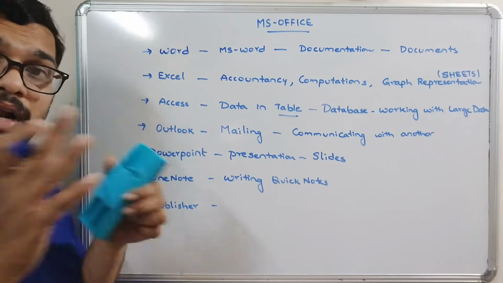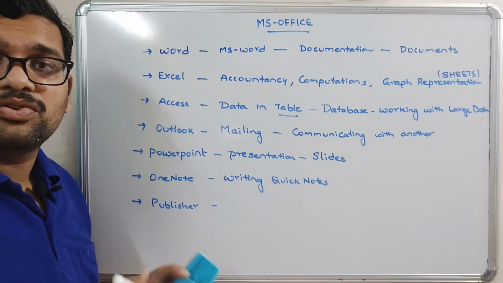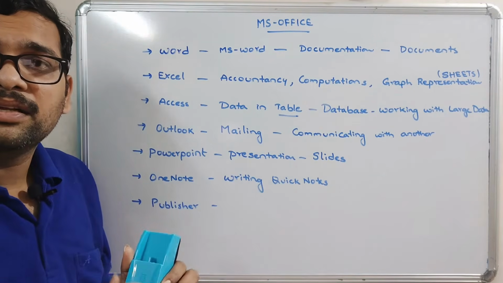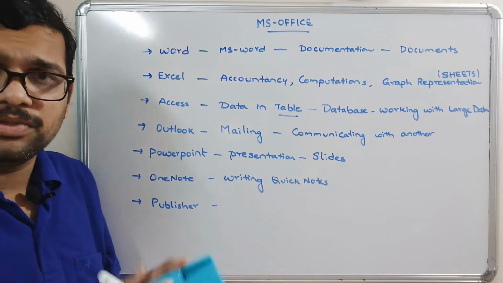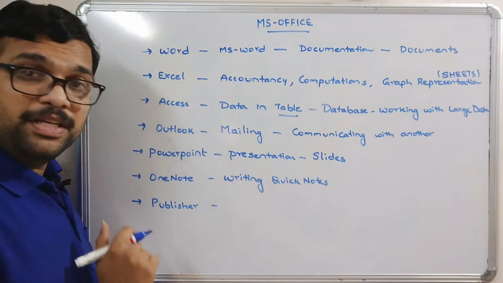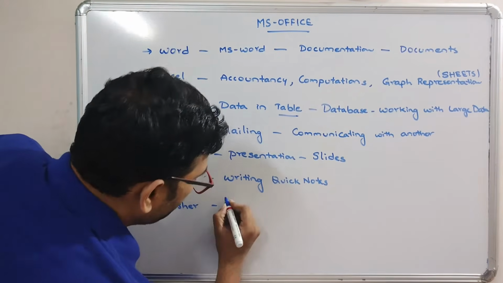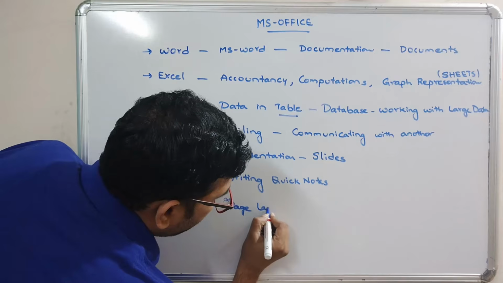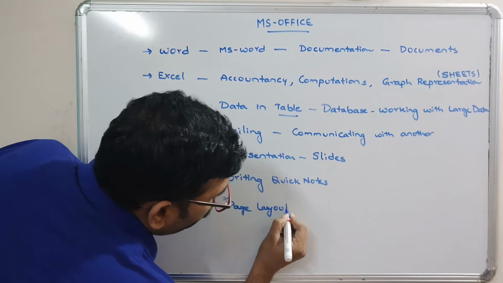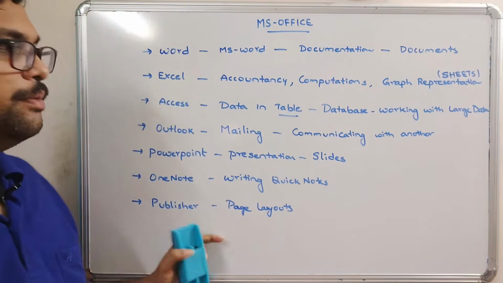Based upon your requirement, you can select the page layout and the margins will be set automatically, so directly you can use that. So this is called Publisher, and the main focus is on page layouts.